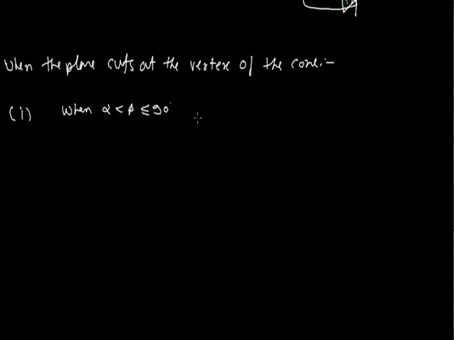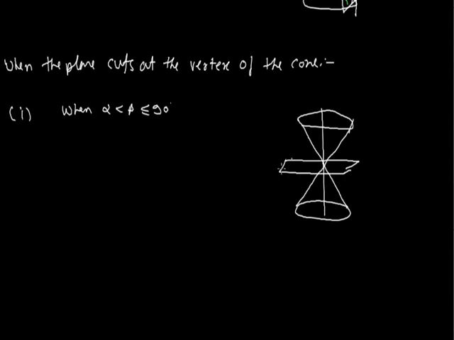In this situation we can make the diagram like this. It is the right circular hollow double napped cone, so the plane is at the vertex of the cone. The section will be a point.